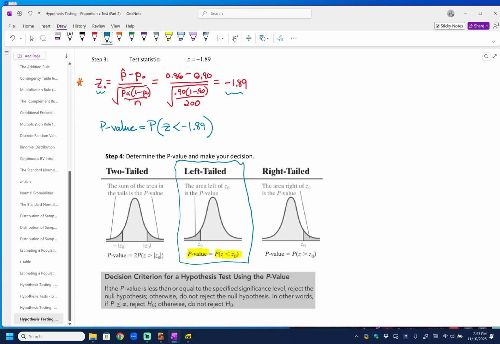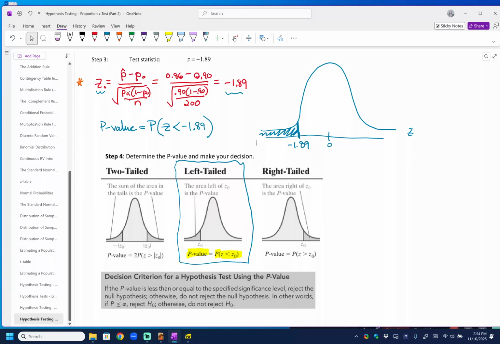Now, I claim that you know how to do that already. What is this asking for? Well, you're basically looking at our standard normal curve, which we normally write with 0 in the middle. We're looking at negative 1.89, which is our test statistic, and we're finding the area below it in the standard normal table.